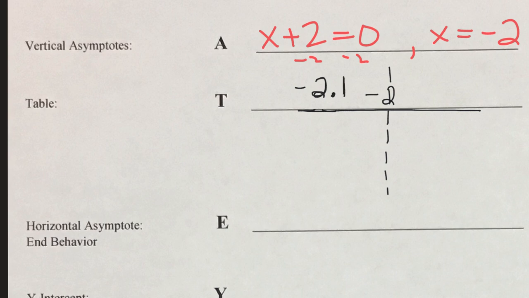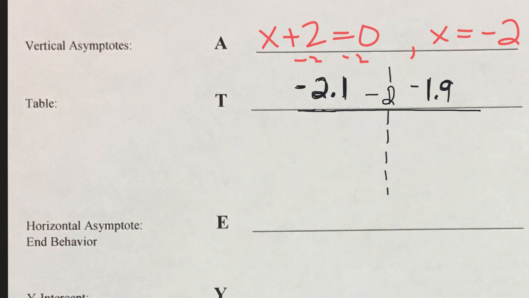Like stalkerish close. Super duper close. And we also pick a number very close to the right of -2, like -1.9. The closer we get, the better. But of course, the more decimals we throw into our equation, the more tedious the calculations are. So I think a 0.1 is pretty okay.